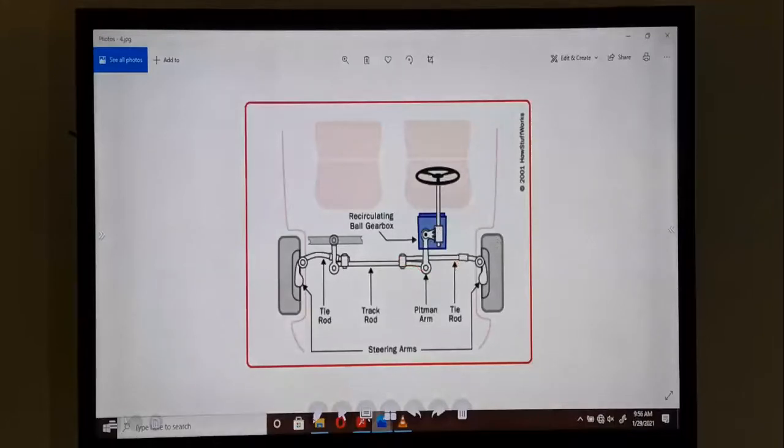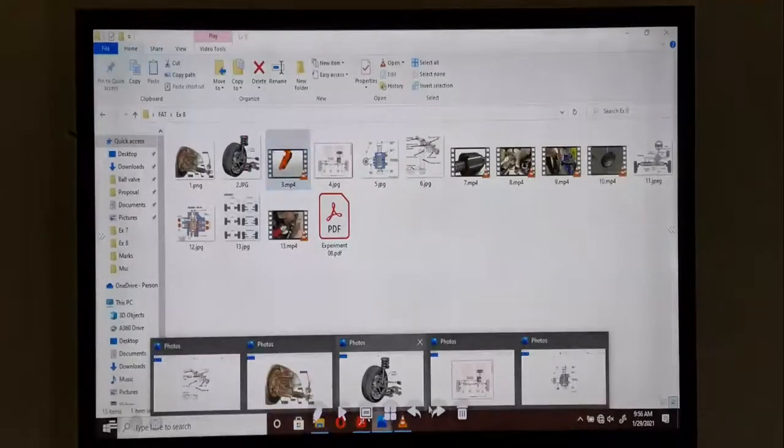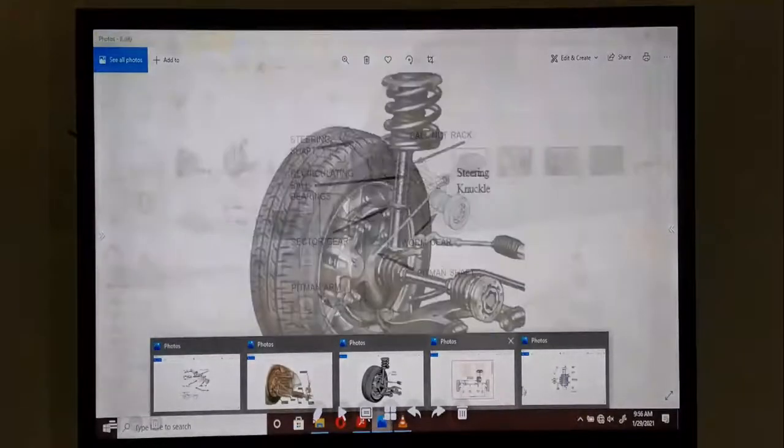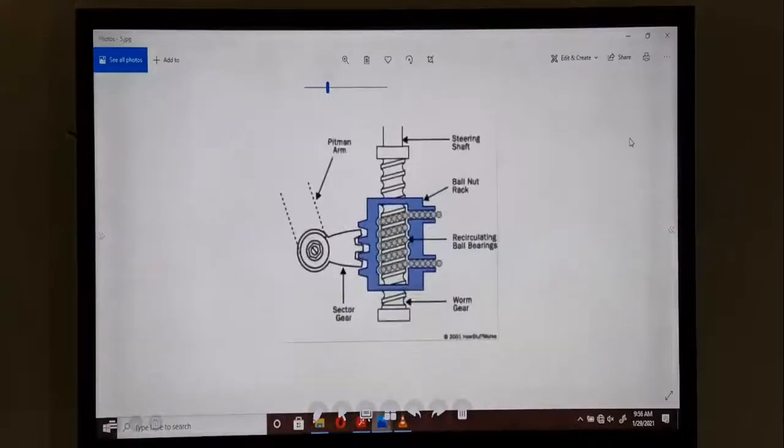So this is the recirculating ball gearbox.